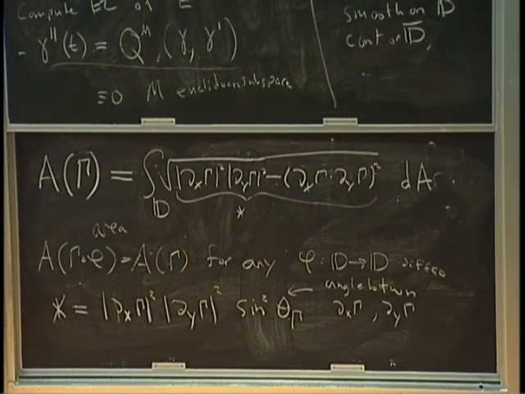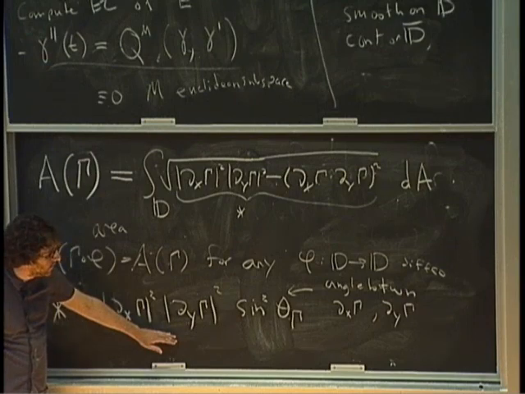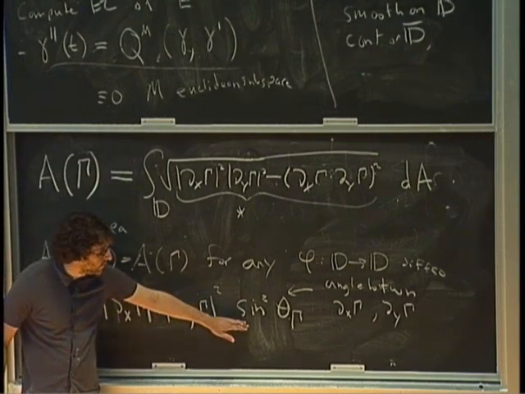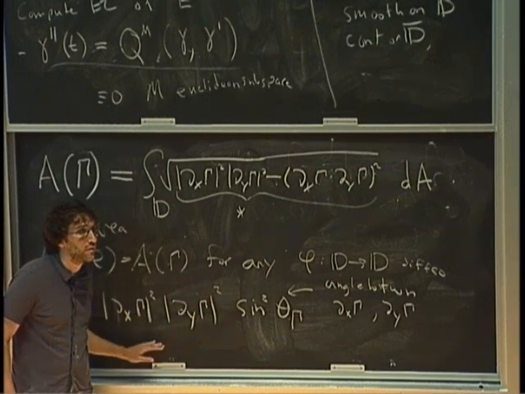So the observation is, first of all, this thing is maximized precisely when the angle is pi over 2, so when these are orthogonal.